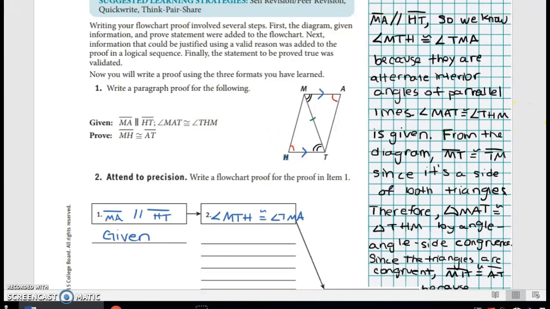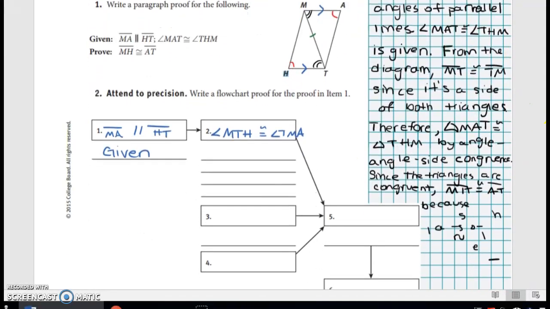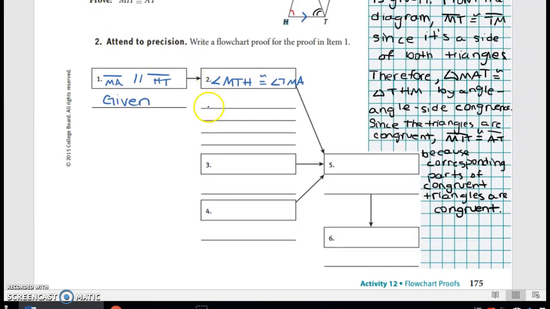And we write that in our reason. If two parallel lines are cut by a transversal, the alternate interior angles are congruent.